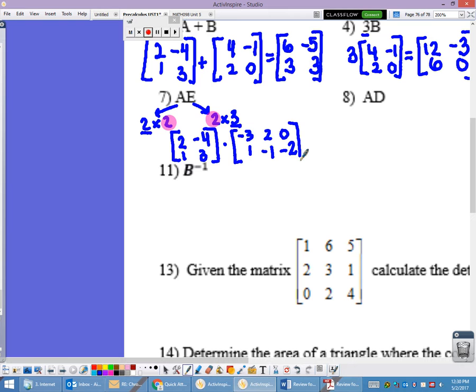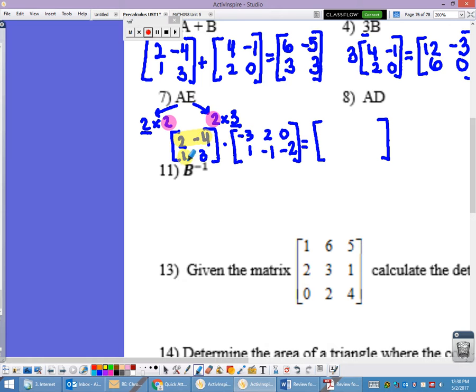Alright, now we did this one in class today. But again, remember my resulting matrix is going to be a 2 by 3, so it's going to be 2 rows and 3 columns. So I'm going to leave some open brackets so that when I'm doing my multiplication, I have some space to put them in. So again, I'm going to highlight the rows of my first matrix and the columns of my second.